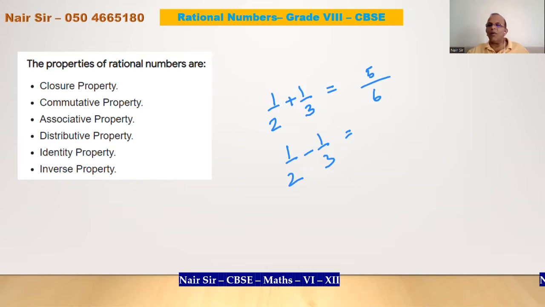I get 1 upon 6. Again, it is a rational number. So that means closure property holds true for rational numbers. Okay, moving further, commutative property.